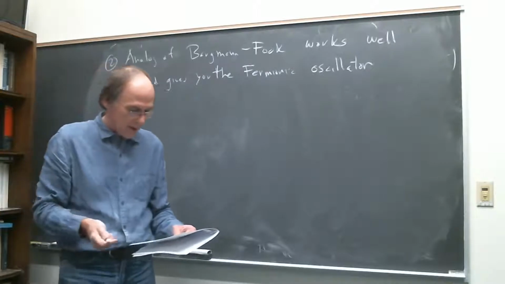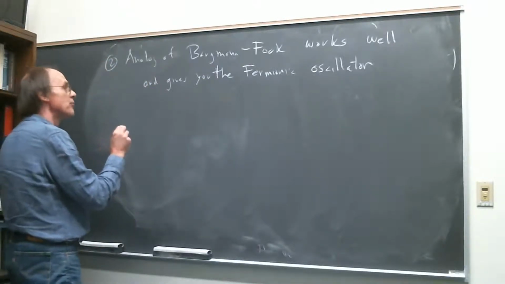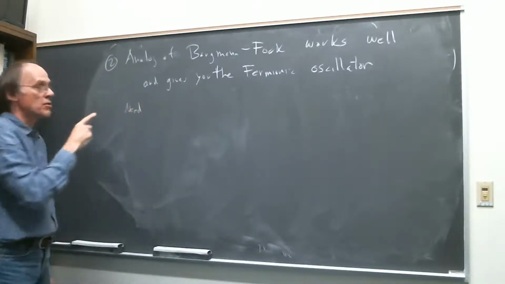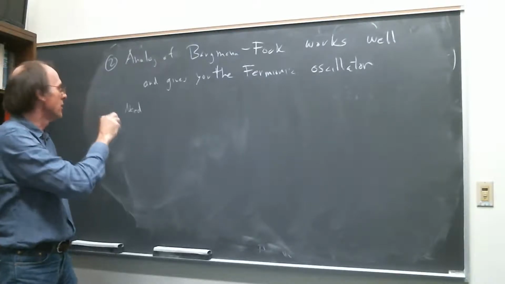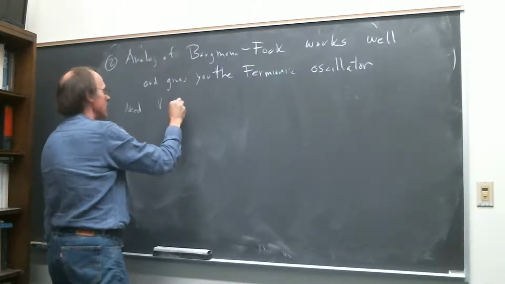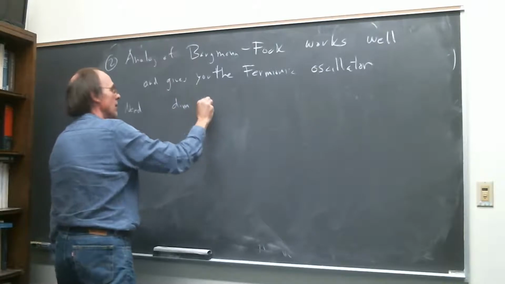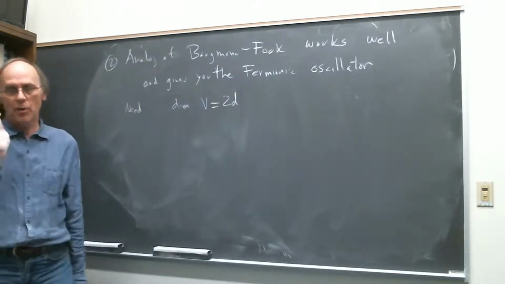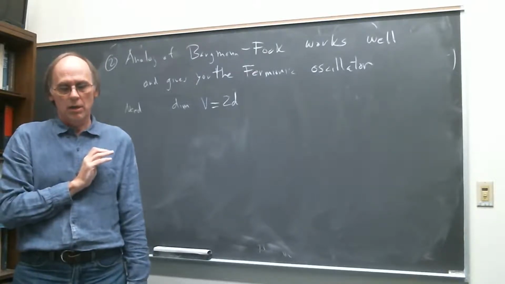So now what you need here is, this is only going to work if you need V even dimensional. Well, because I want to follow along and do exactly what I did in the bosonic case.